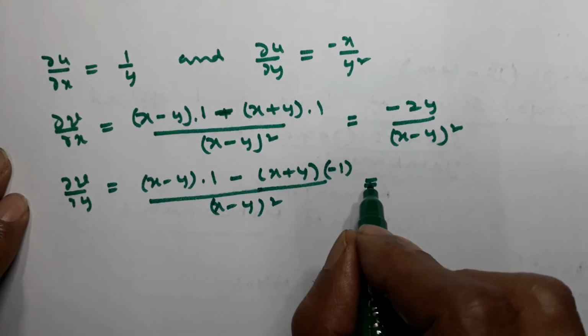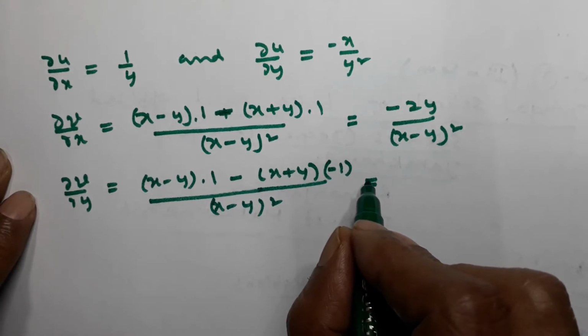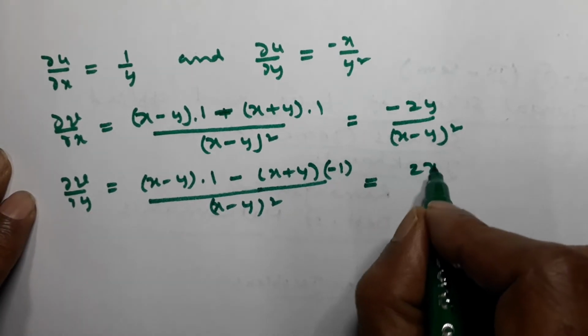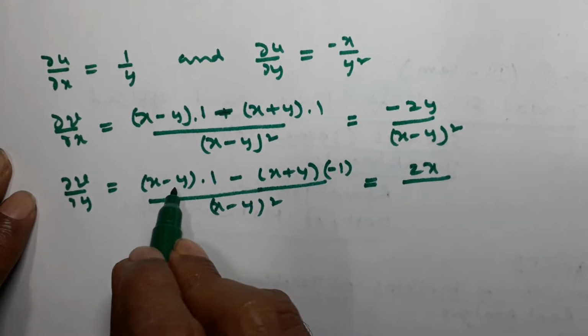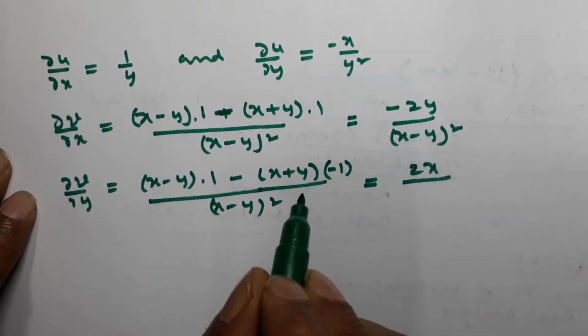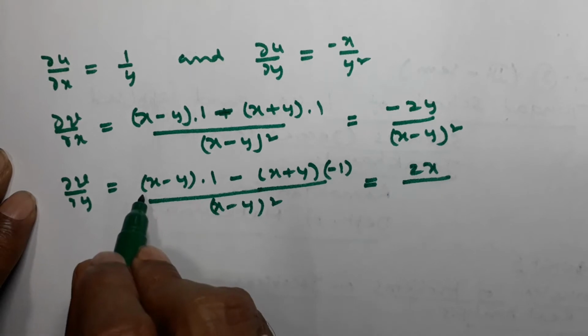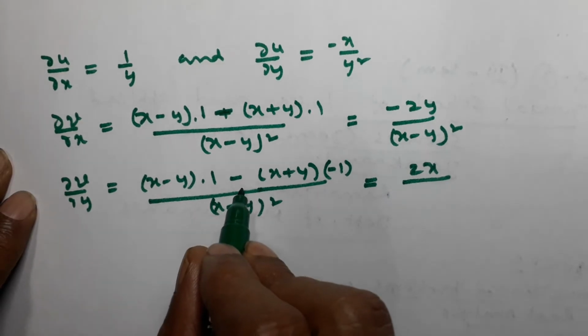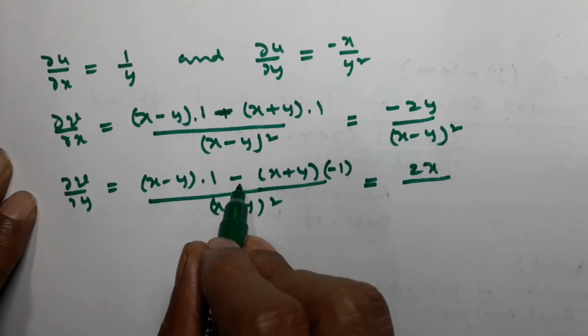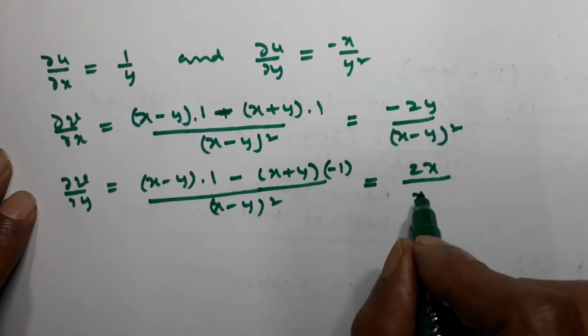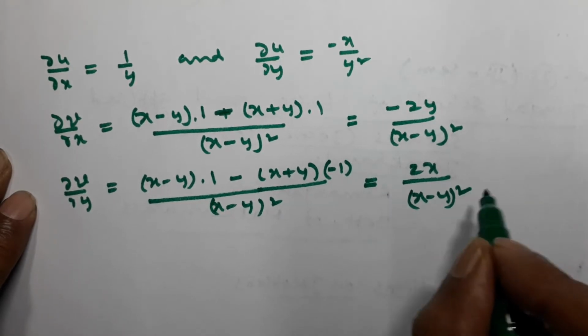Because minus y and plus y cancel, the remaining is x plus x, which is 2x, divided by (x minus y) whole square.